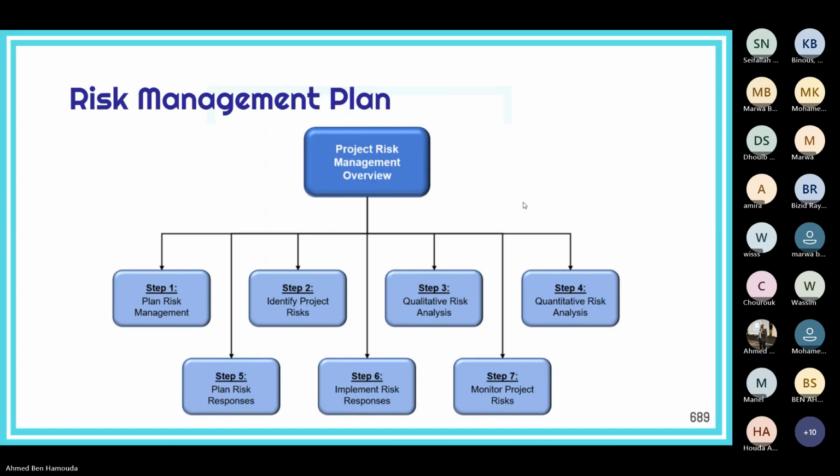If you're in a program and you have a risk that would impact the entire program, then you need to understand where that risk comes from, how it will impact the entire program, and whether it impacts some particular projects.